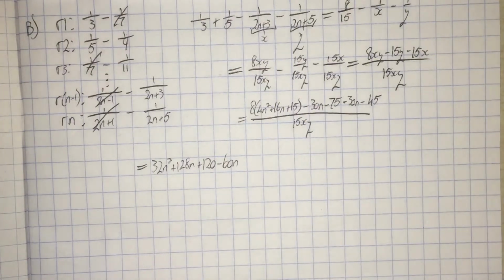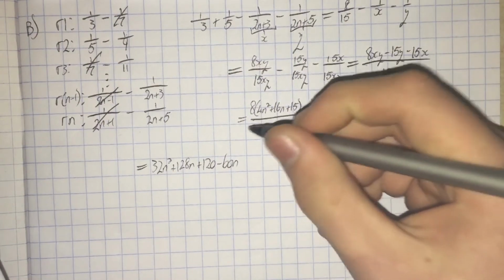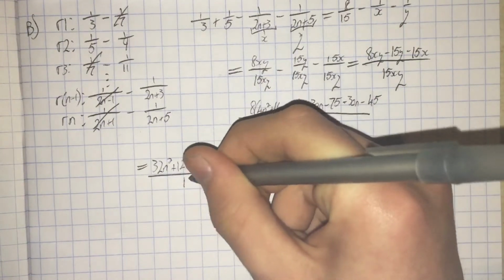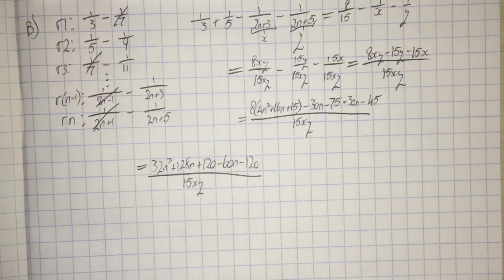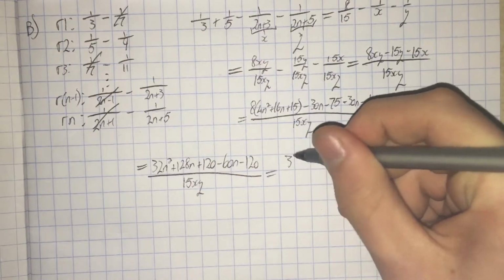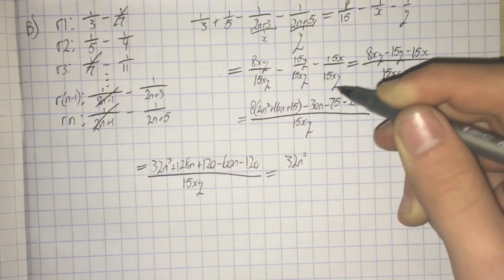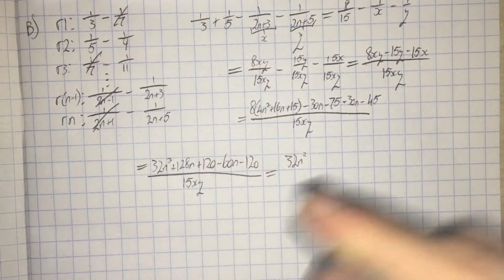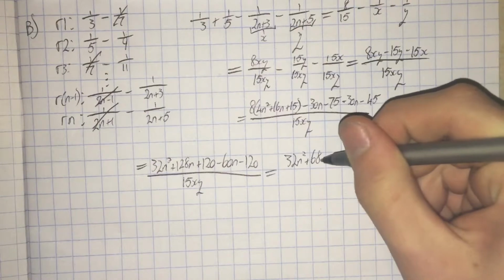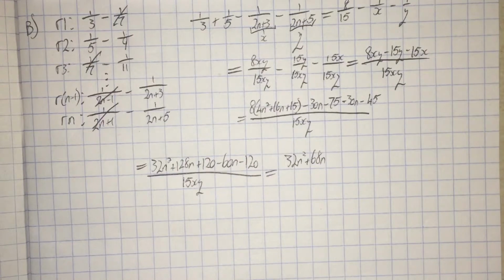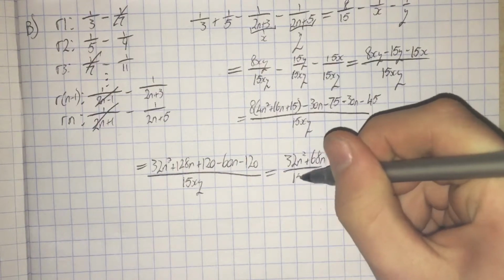And 75 minus 75 minus 45 will be minus 120 for 15xy. So that means that we shall have overall 32n squared, and of course 128 minus 60, well that'll be 68. The 120 terms cancel off, so that'll be just plus 0 all over our 15xy.